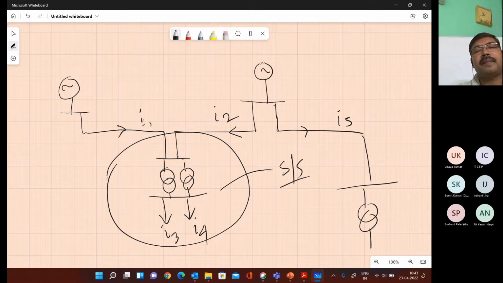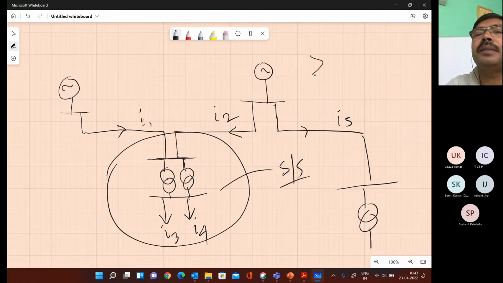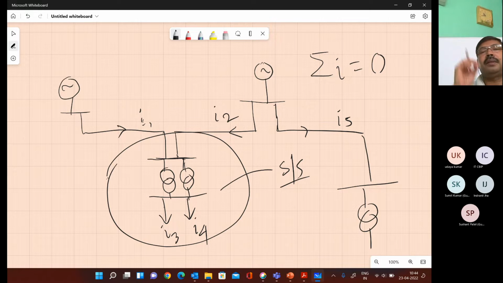So basically it is a node where some lines are connected, some transformers are connected, and there will be some outgoing lines and some incoming. It is basically the summation, Kirchhoff's law, sigma I must be equal to 0, correct?